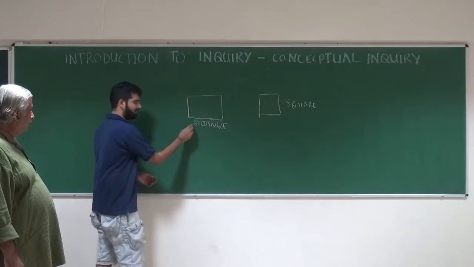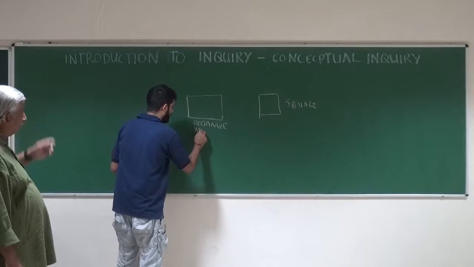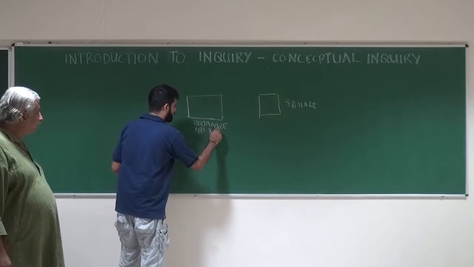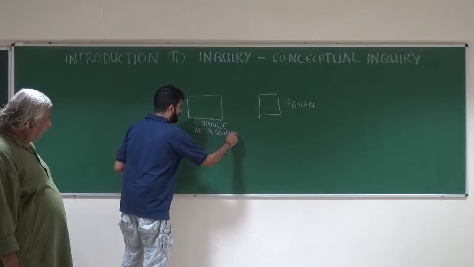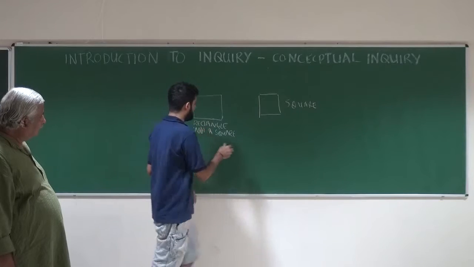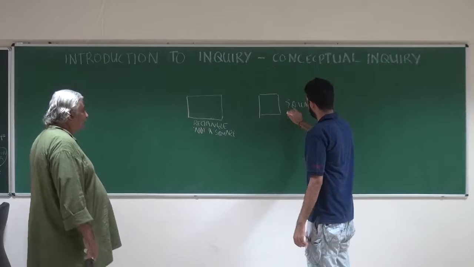Okay. Is this a square? No, of course not. So it's not a square. Is this a rectangle? No, that's a square, not a rectangle. So you're saying this is not a rectangle? No.